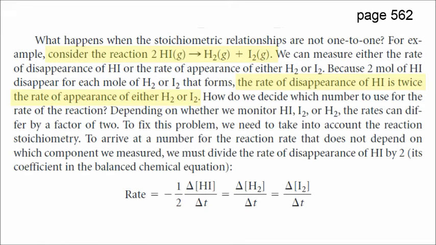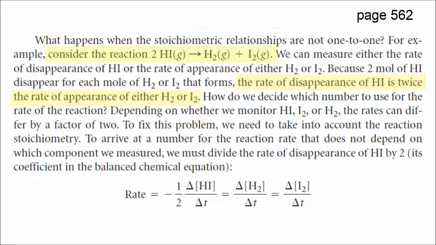On page 562, they're talking about coefficients in the balanced equation. So it says, consider the reaction where 2 molecules of HI decompose to give 1 molecule of H2 and 1 molecule of I2. Now, the rate of disappearance of HI would be twice as much as the rate of appearance of either H2 or I2.